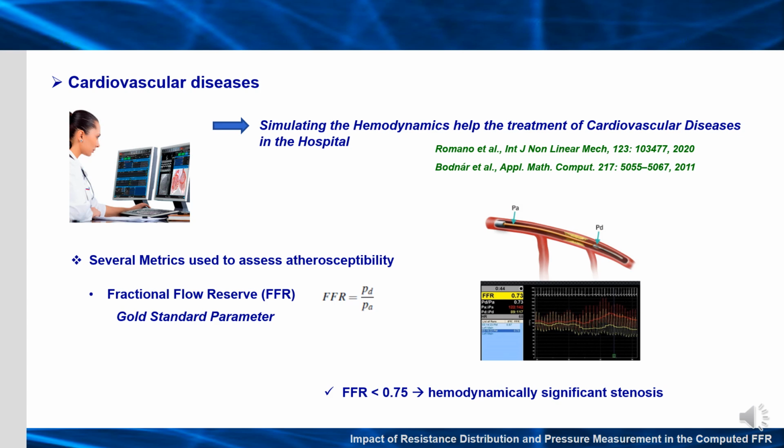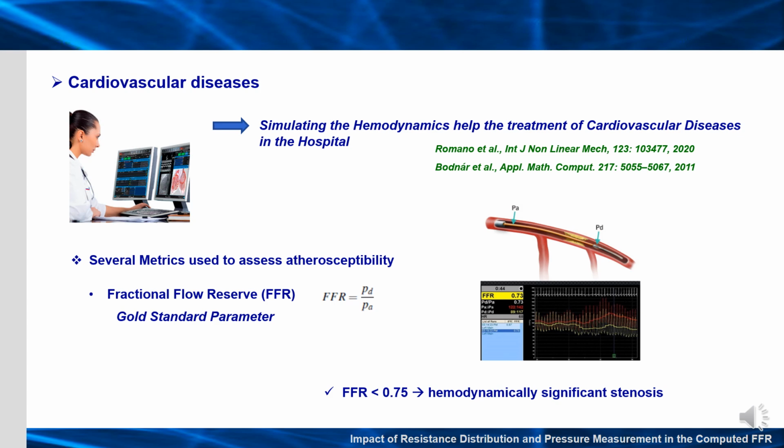There are several metrics used to assess the hemodynamic significance based on the pressure. The fractional flow reserve, the FFR, is considered to be a gold standard parameter to guide clinical decisions regarding revascularization procedures in coronary lesions.